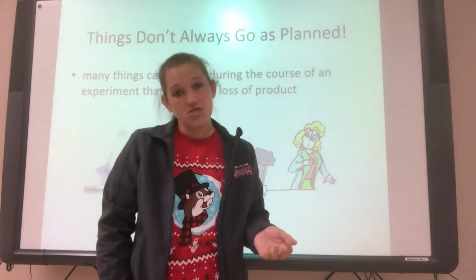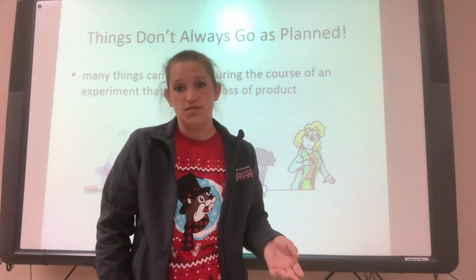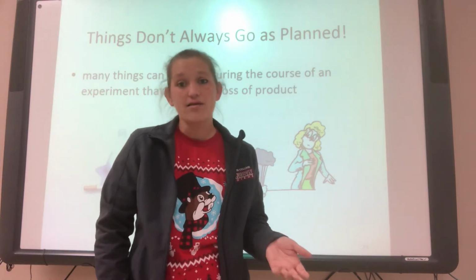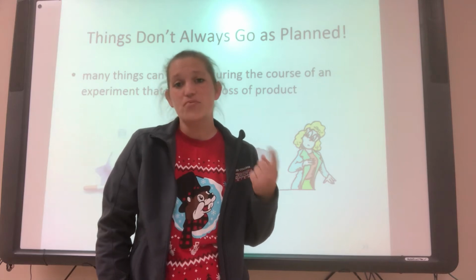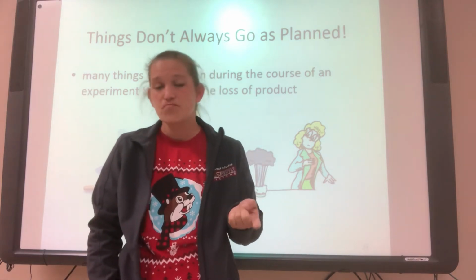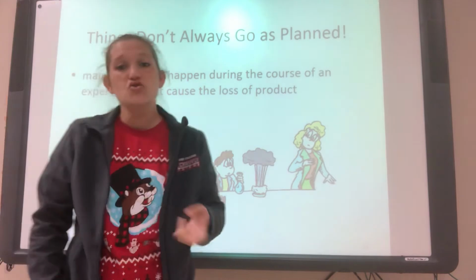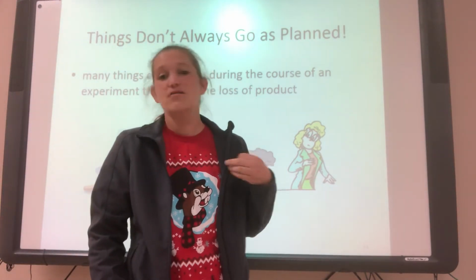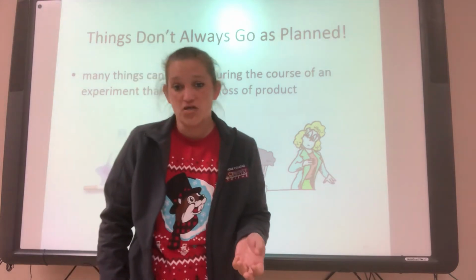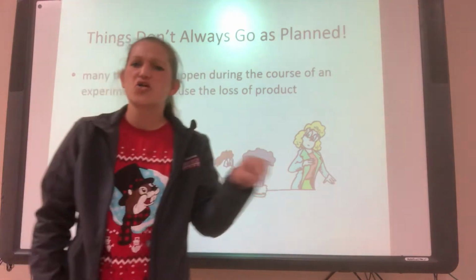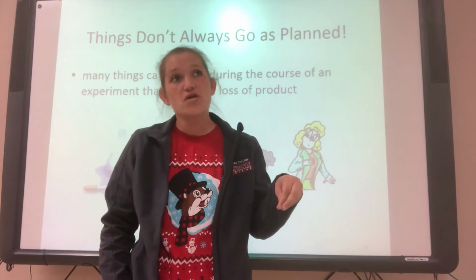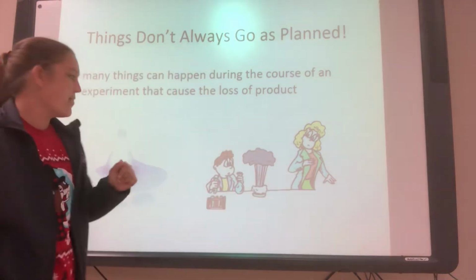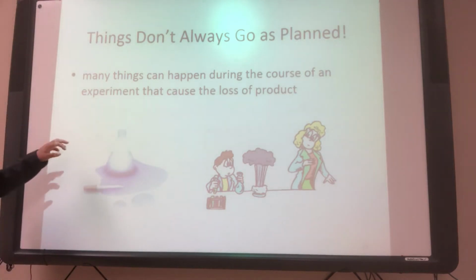If I'm making a cheese sandwich, Guapo's going to want a piece of cheese, so I'm only going to make 2 sandwiches because Guapo gets a slice of cheese. Or maybe you're messy and you drop a slice of cheese. Theoretically you still make 3, but actually you only made 2. So things don't always go as planned.